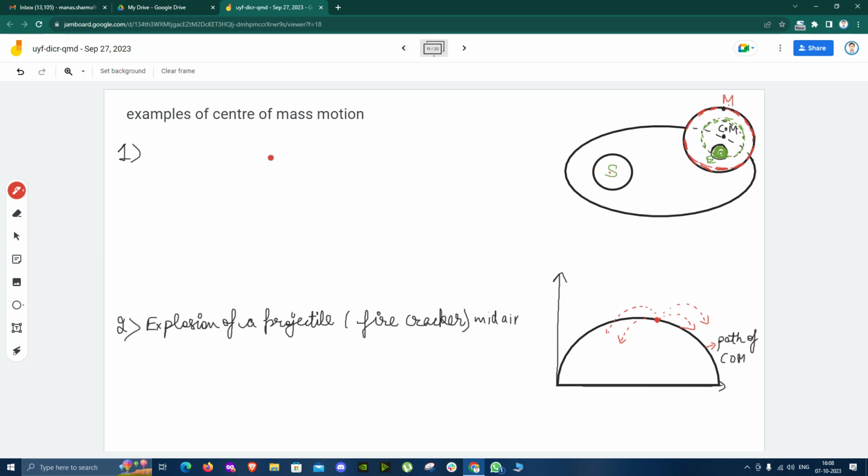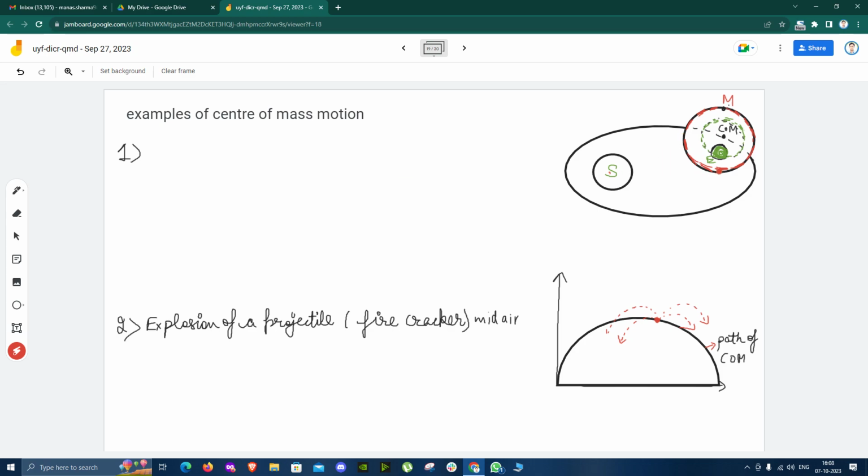And we know that the Moon also revolves around the Earth, but while Earth's motion around the Sun is elliptical, the motion of the Moon around the Earth is circular. This is the difference.